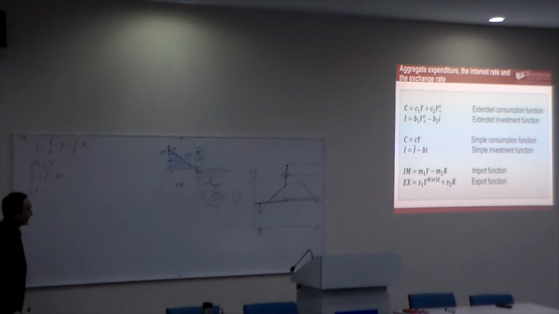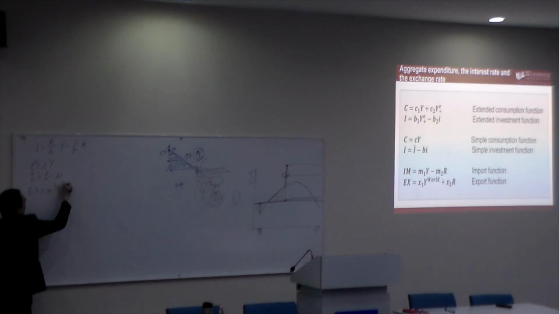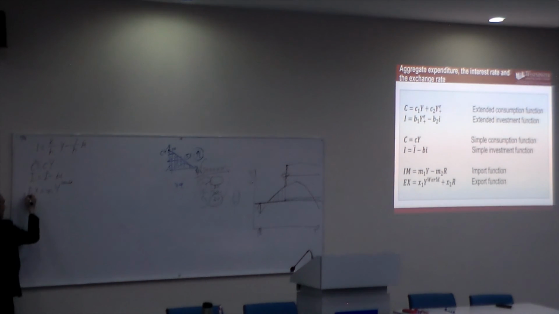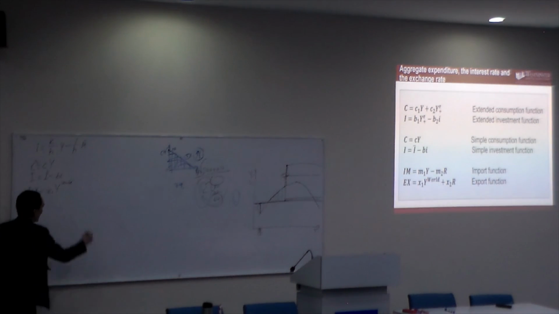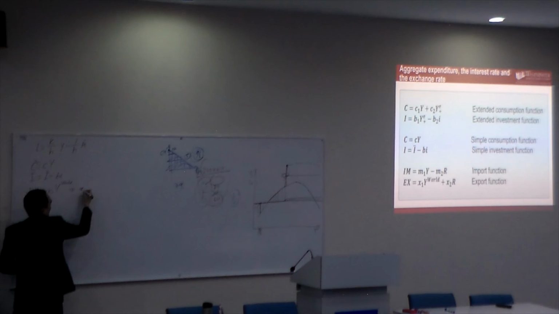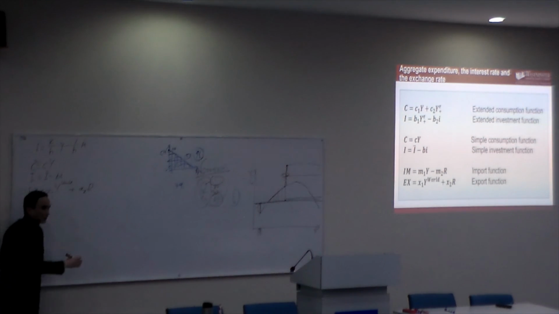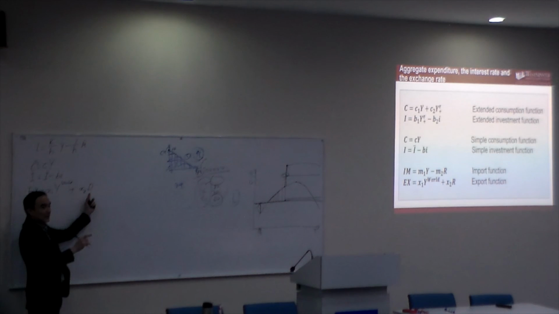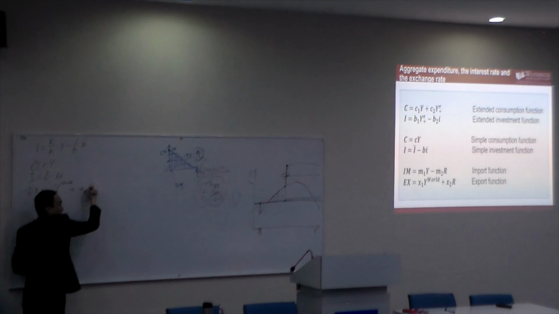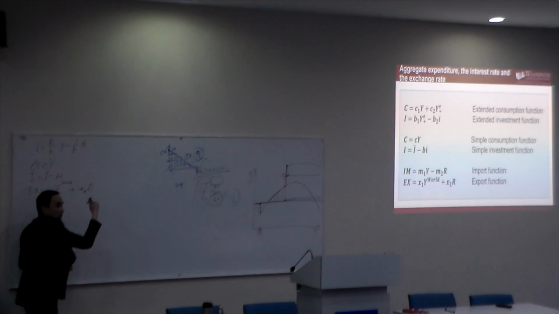Exports depend on world income, which means that our export level is going to increase if world countries become richer. If the neighboring countries are richer, they will be buying more from us, right? Plus the real exchange rate, expressed in the foreign exchange market, okay? A higher real exchange rate indicates depreciation of the currency.